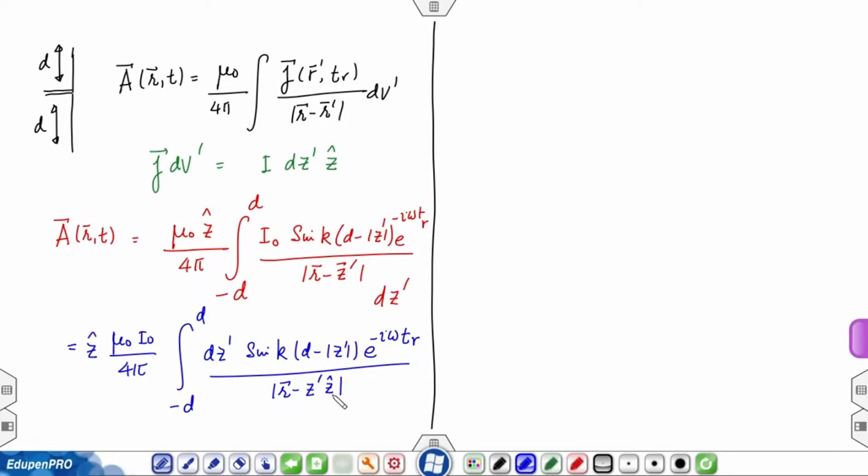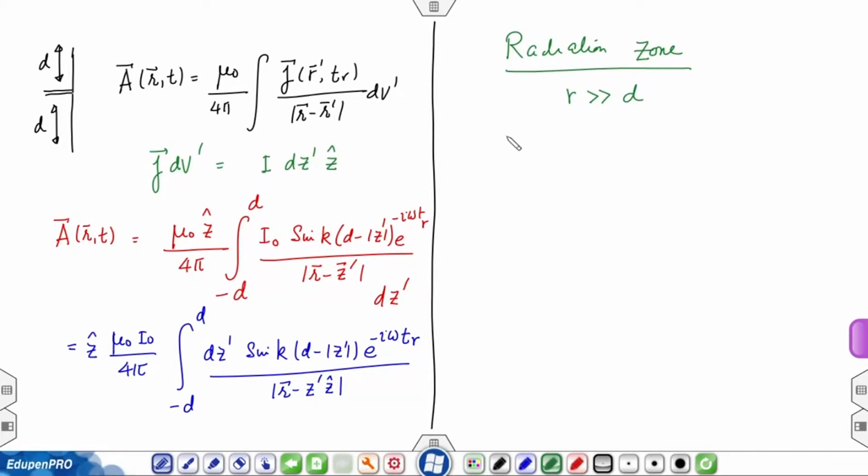Now, we will take the approximations that we usually make. We are talking about the radiation zone. So, r is much greater than d, and therefore, I need to keep only linear terms in d.